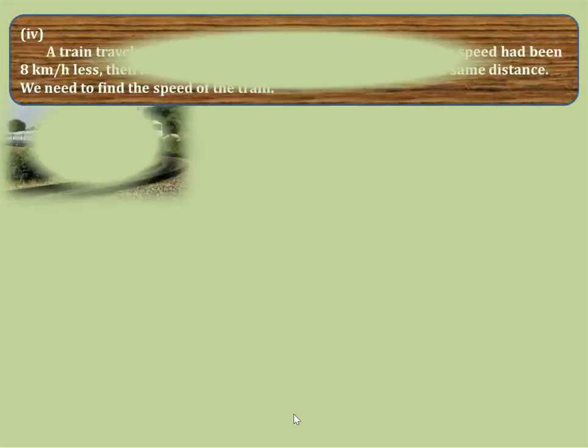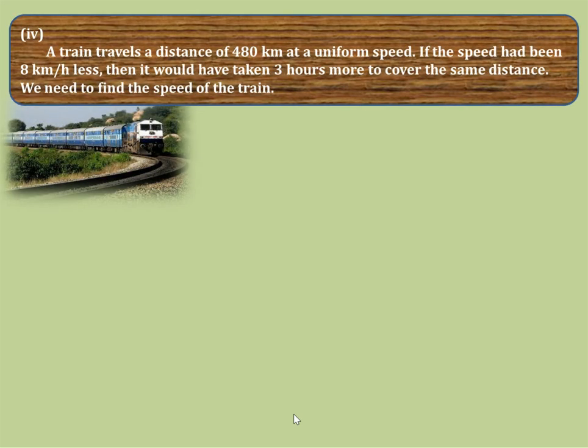Okay, let me consider one more important problem. A train travels a distance of 380 kilometers at a uniform speed. Here distance is given. If the speed had been 8 kilometers less, then it would have taken 3 hours more.